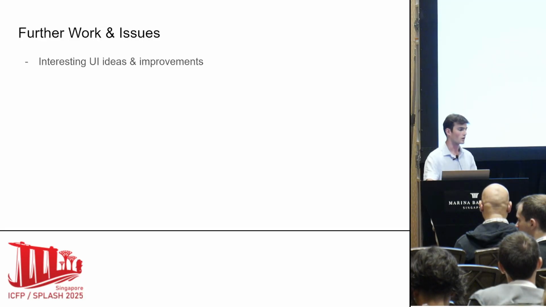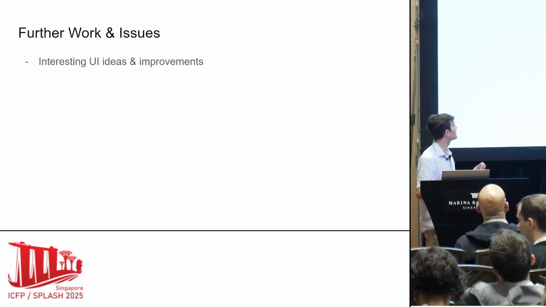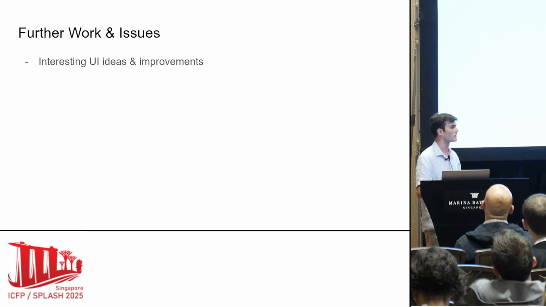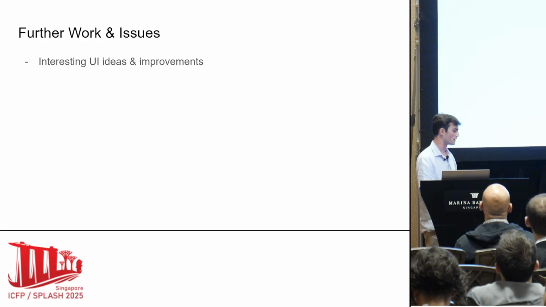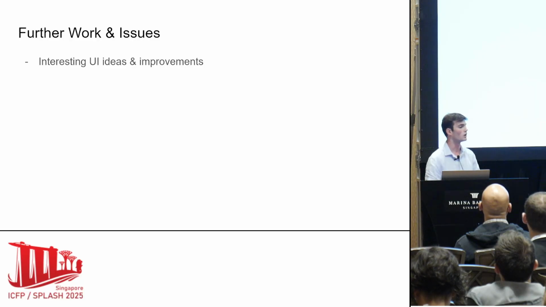So for further work, I really want to improve this UI, basically. And how can we exploit the decomposable nature of these slices to allow people to interactively explore what they're doing?